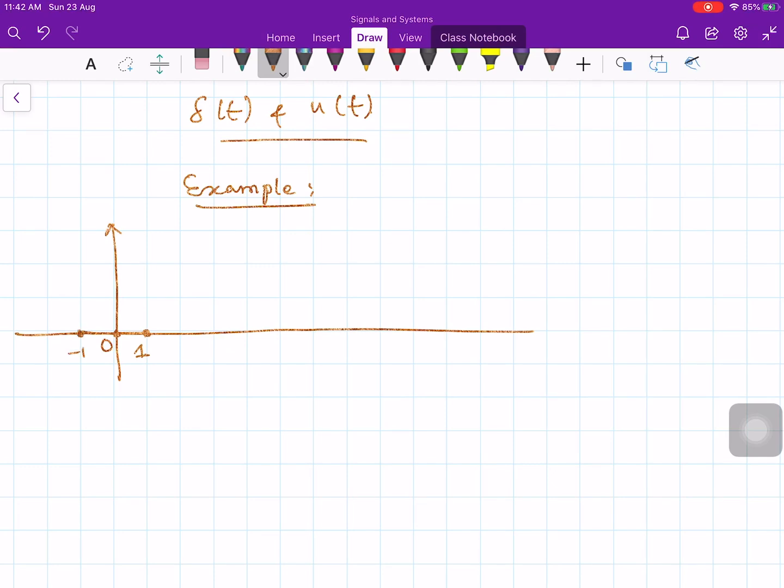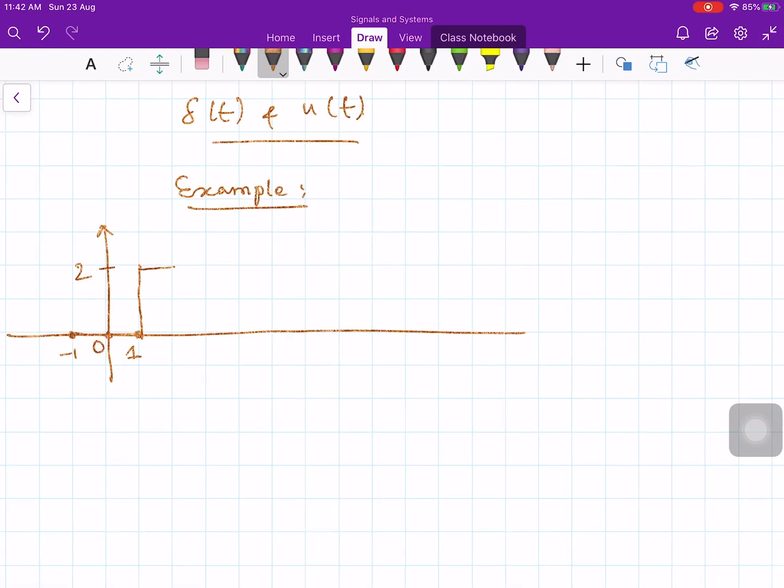At 1 it jumps by the unit of 2, and at 2 it again comes down and it goes negative of magnitude 1, and it stays for some time. At t equals 4 it comes up and it goes like this. So this is my x of t. So 1, 2, this point is 3 and this point is 4.